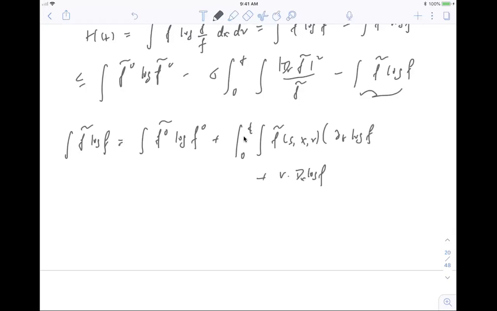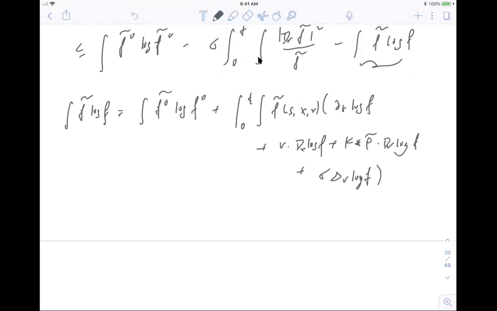The adjoint operator of the Vlasov equation applied to log f, which is log f plus sigma gradient V log f.